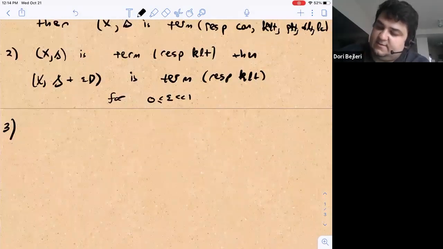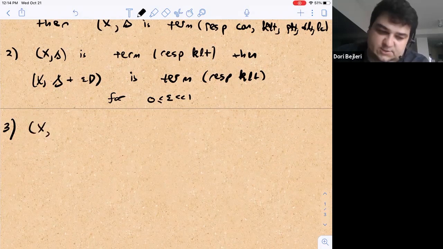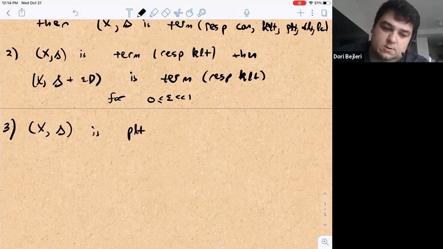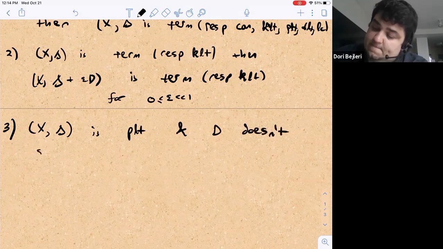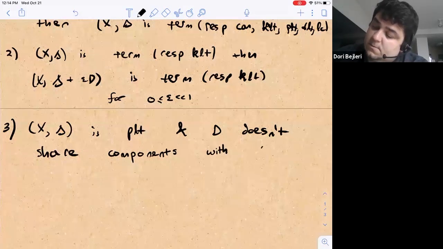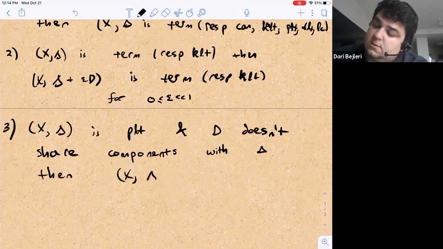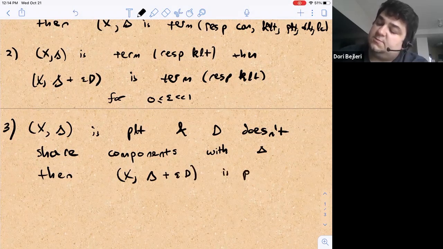And so for PLT and DLT, the analog is this is true as long as you are careful about what divisor you add. So if (X, Δ) is PLT and D doesn't share any components with Δ, then (X, Δ + εD) is PLT for small enough ε.